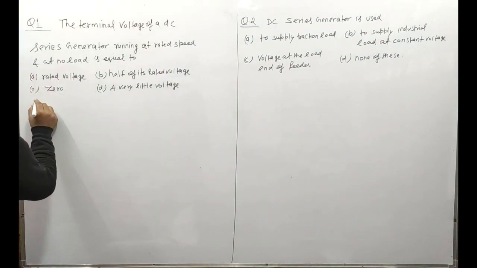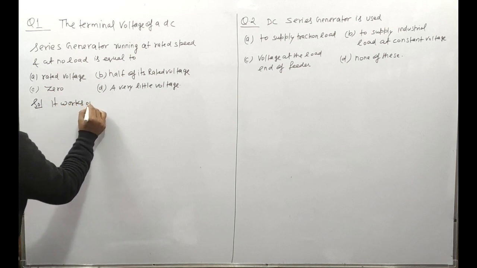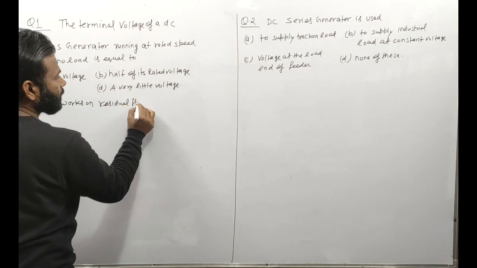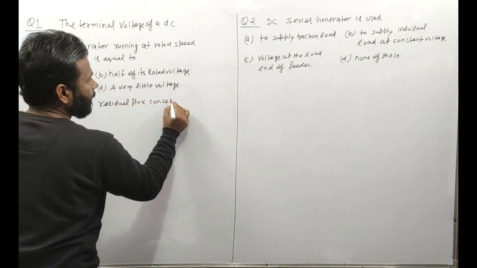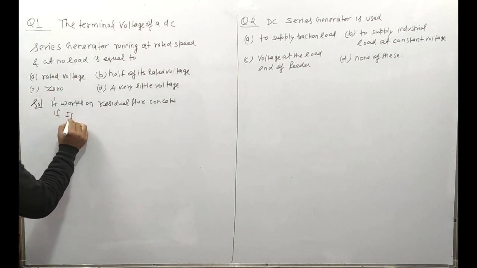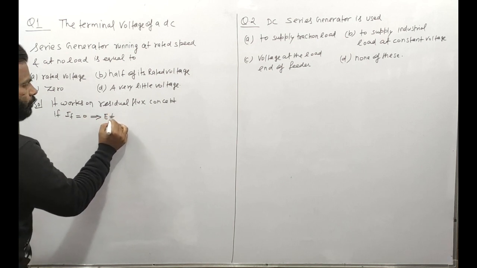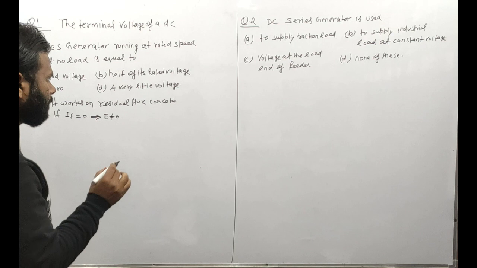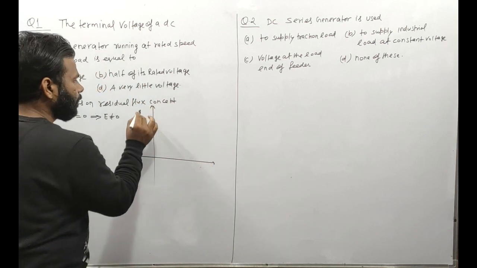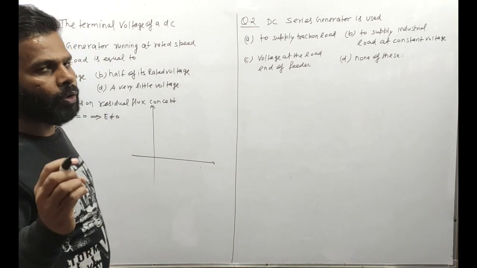So if we talk about it, it works on the residual concept, the residual flux concept. Okay, and what is the residual flux concept? If excitation is zero, even then the voltage is not zero. Now if we talk about its characteristic, we are just drawing the open circuit characteristic, or the no load or the saturation curve.